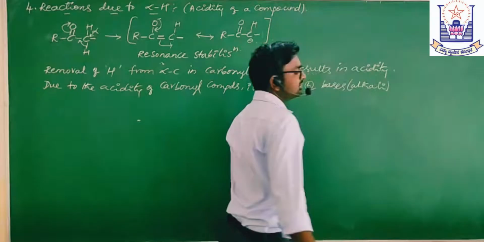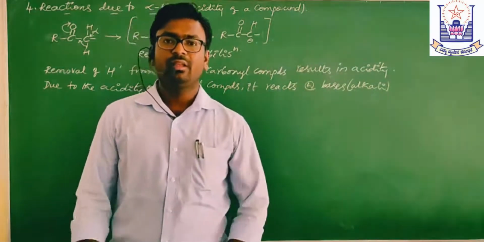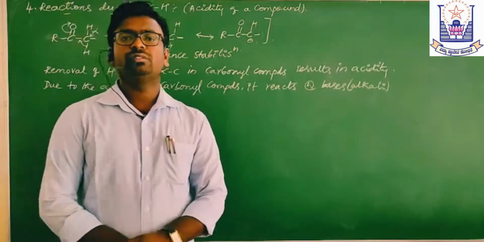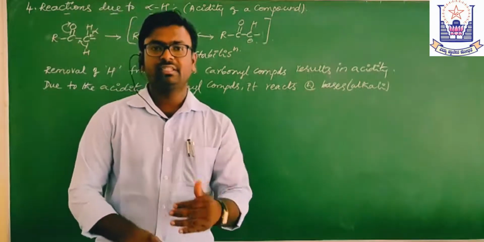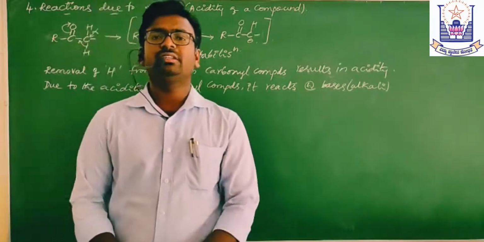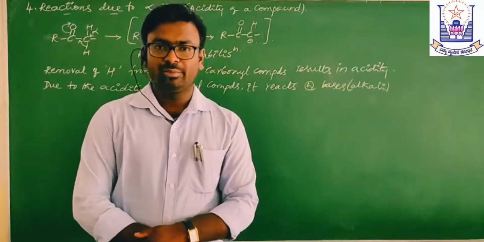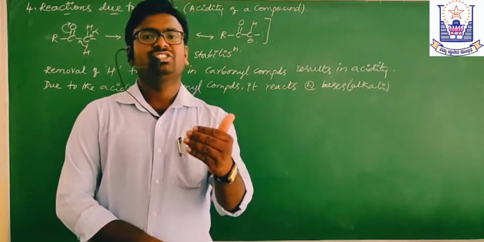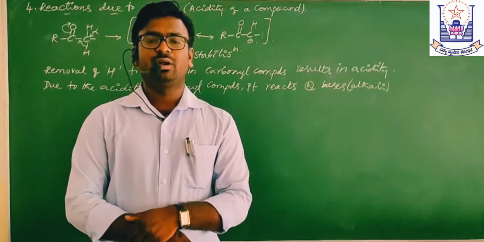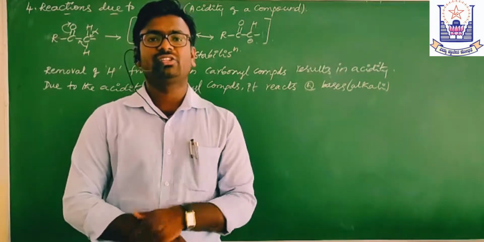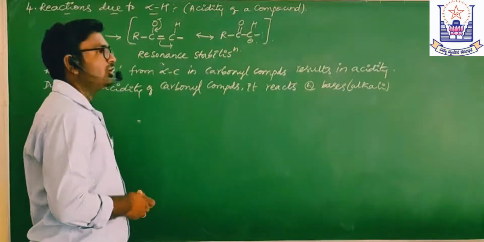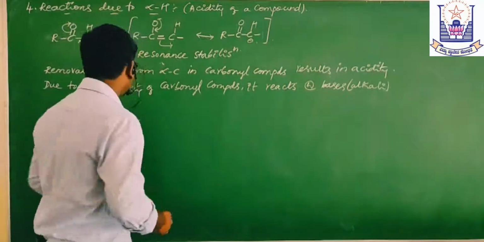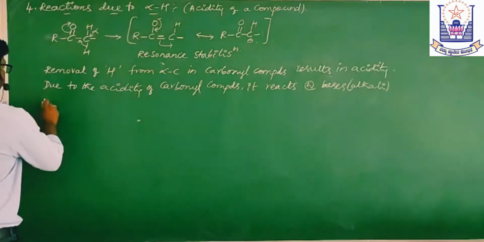So the carbonyl compounds where alpha hydrogen is acidic in nature react with the bases. One such reaction is called Aldol condensation. Here we are going to discuss the Aldol condensation.